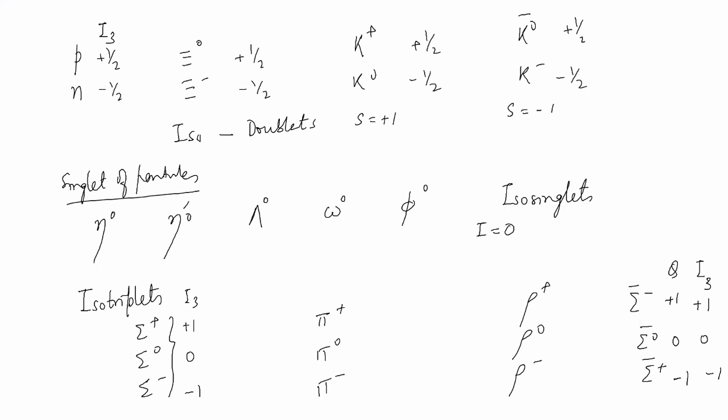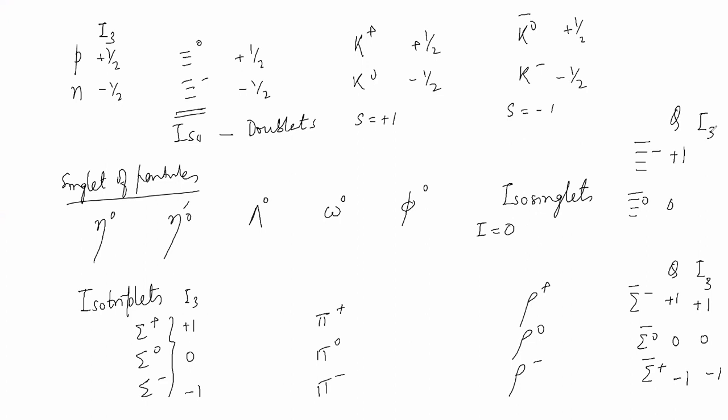Now, what is the antiparticle of cascade minus? Anybody? It is cascade minus bar, and cascade 0 is cascade 0 bar. And now you see this is cascade minus bar. That means what is its charge? Plus 1 for the antiparticle, while the neutral particle will have 0 charge.